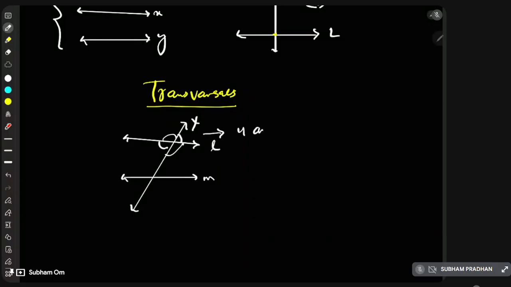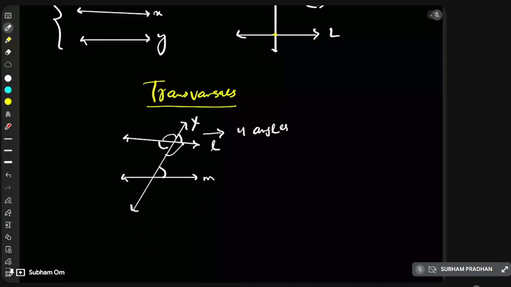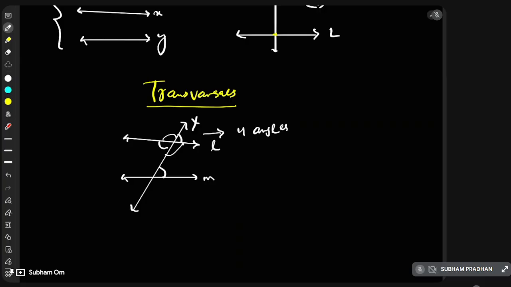Here also line X forms four angles with line M: this is one angle, this is one more angle, this is one more angle, this is one more angle. Here also the total number of angles is four.